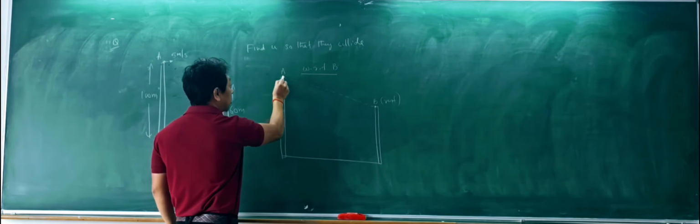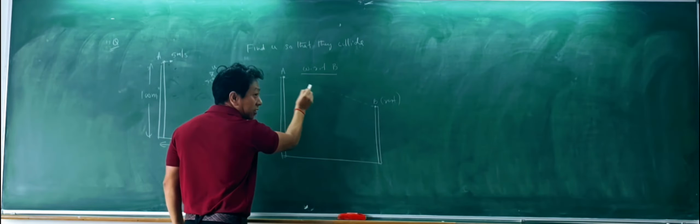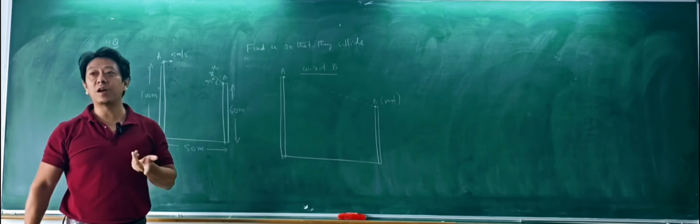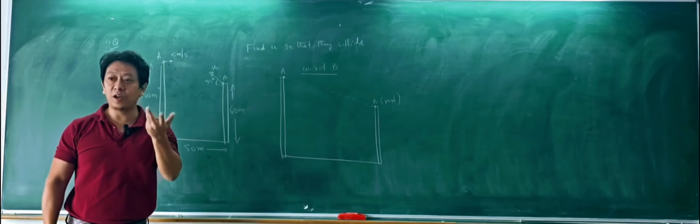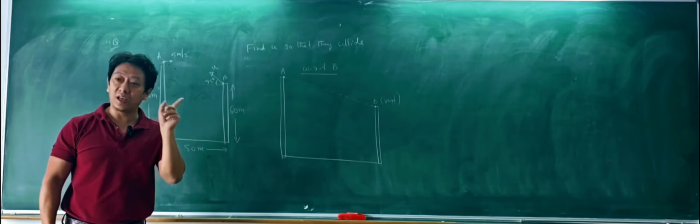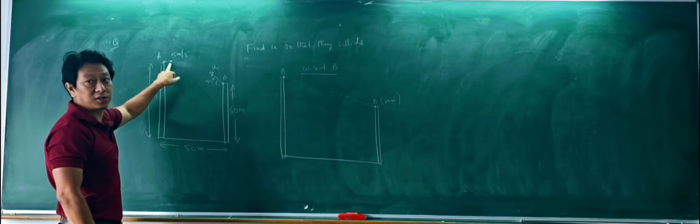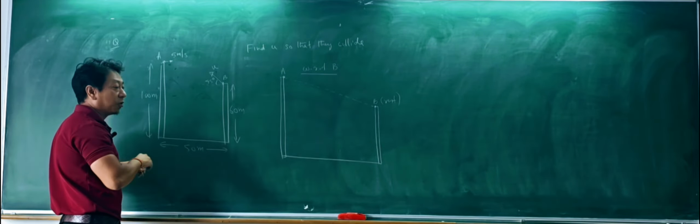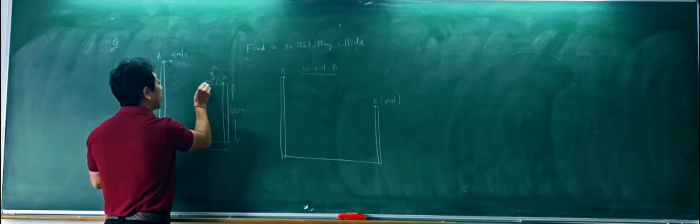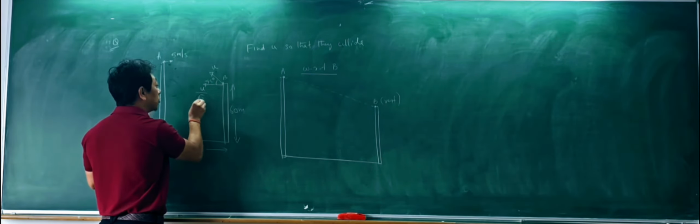So the velocity of A with respect to B has to be in this direction. Now how to find velocity of A with respect to B? Reverse the velocity of B and add with A. A already has velocity this side. B has it at an angle. So let us take components. So this U will have one component U by root 2.